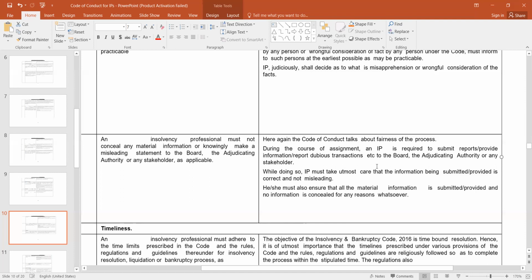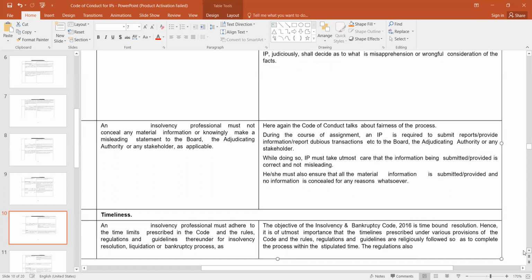That much you have to ensure. And if you feel that this fact might be subject to some misapprehension, then you should clear it. And you have to submit reports or provide information, report dubious transactions, etc., to the board, the adjudicating authority, or any stakeholder.